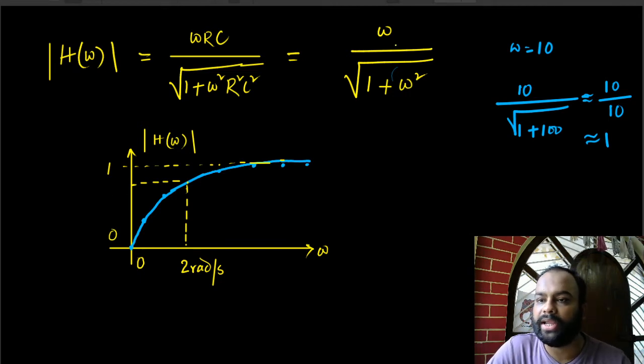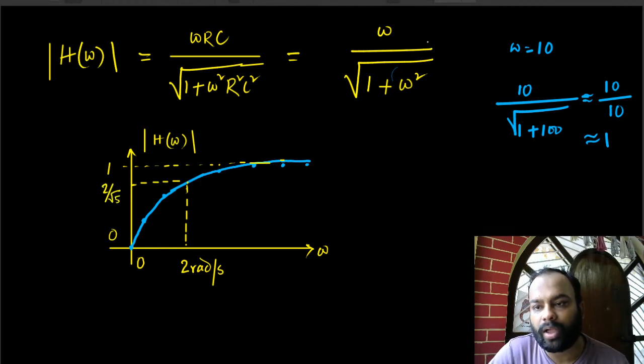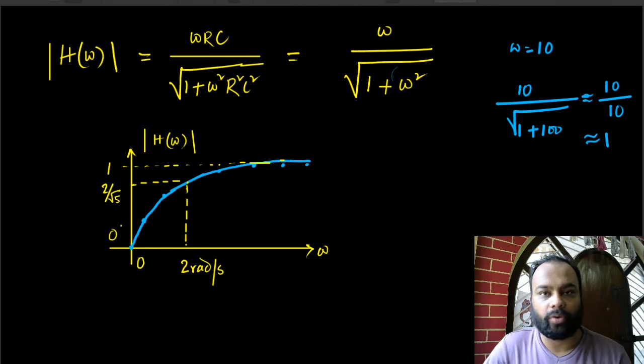So if I put 2 here, that will be 2 by root 5. Okay, something like that. So that's the amplitude.